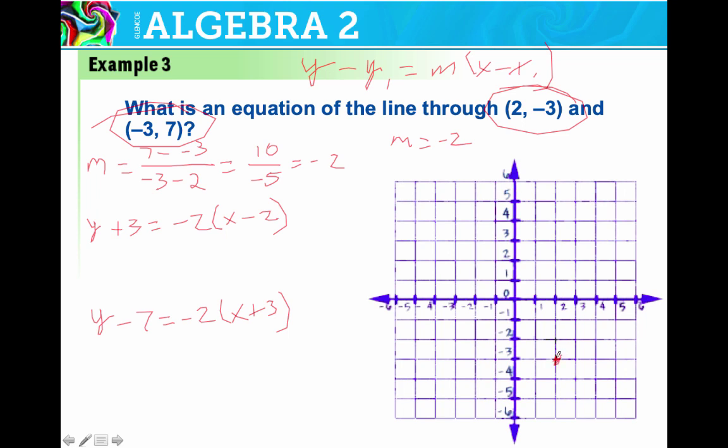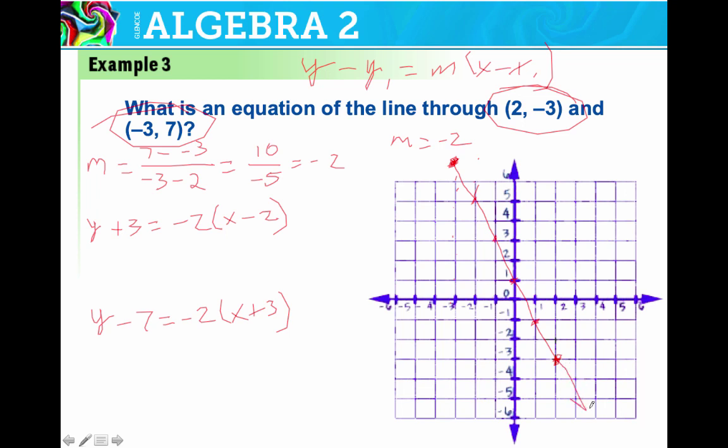Apply the slope of negative 2, up 2, left 1, and so on and so forth. If you take a look at where is negative 3, 7, there it is. I go right through it. So I think using the 2, negative 3 is probably a little easier just because it stayed on the graph.